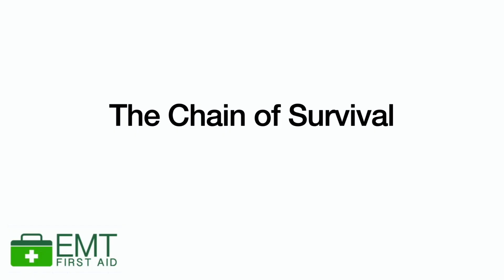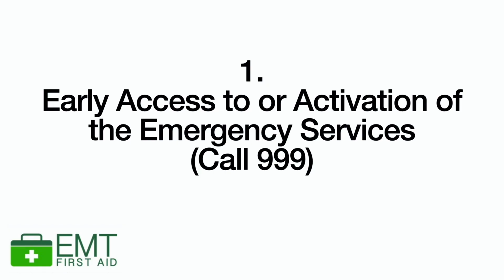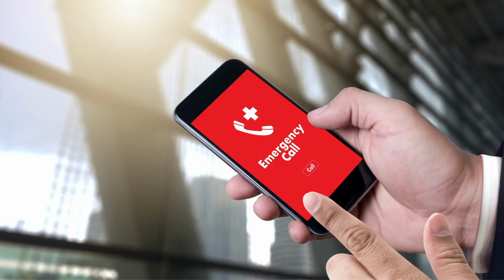Now, the chain of survival concept is designed to show you your role in an emergency procedure. Following each link in the chain in the correct order can greatly increase the person's chances of survival. There are 4 links in the chain. First one is early access or early activation of the emergency services.